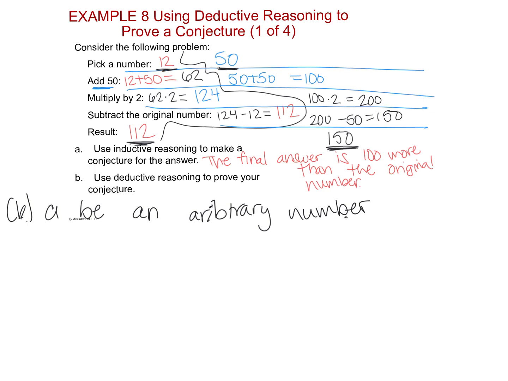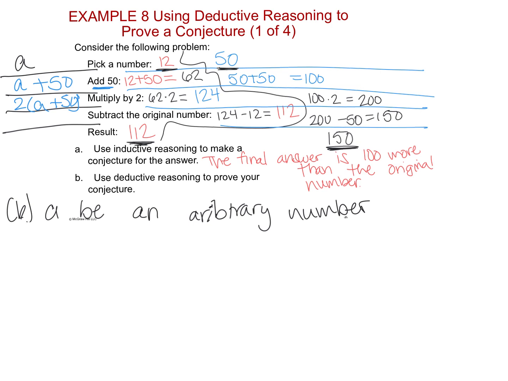So we have A. We're going to add 50 to A. We're going to multiply by 2. So that would be 2 times A plus 50. Notice that I would want to put that part in parentheses. And then we're going to subtract the original number.